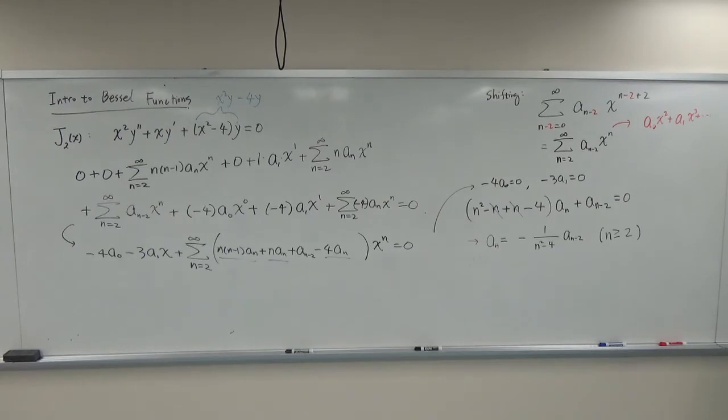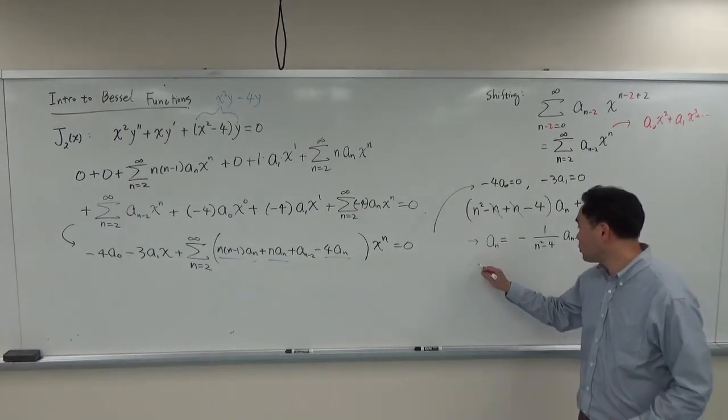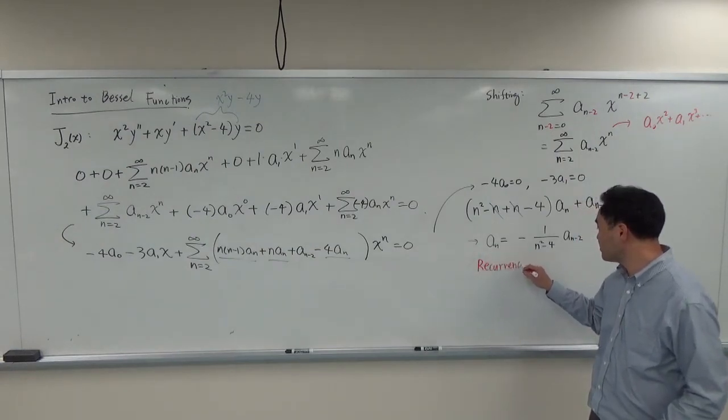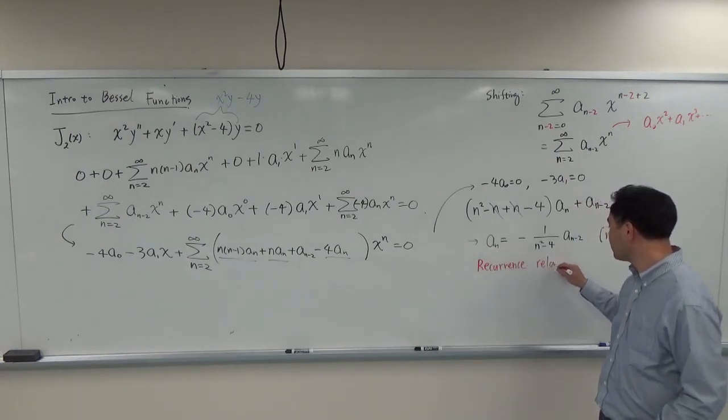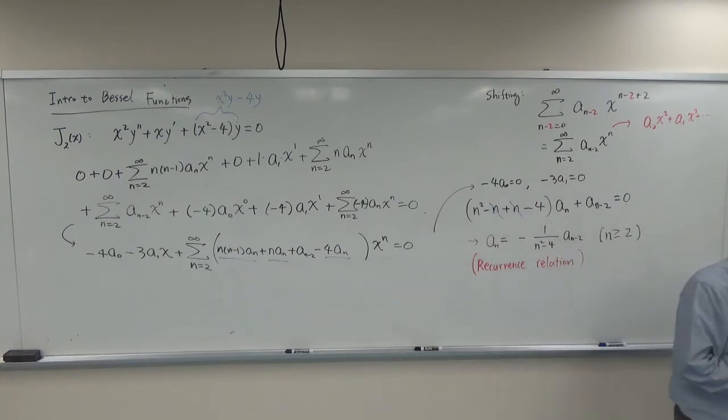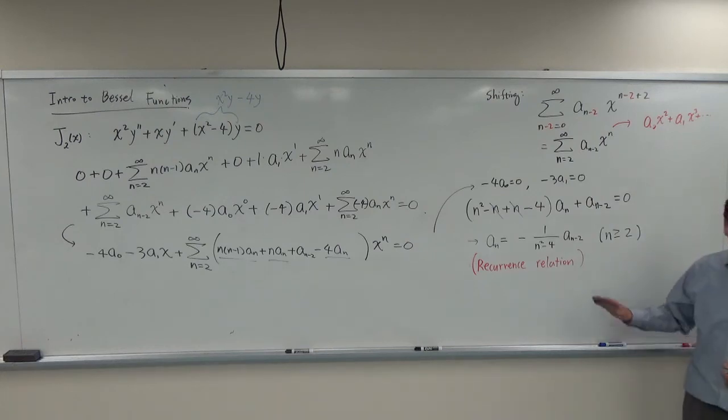Okay, so this has a name. This one has the name of recurrence relation. Now, some ODE courses include this power series method as well, but since the one here in Stony Brook doesn't have it, this is probably the first time you've seen such a thing.